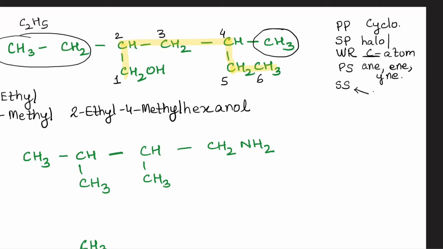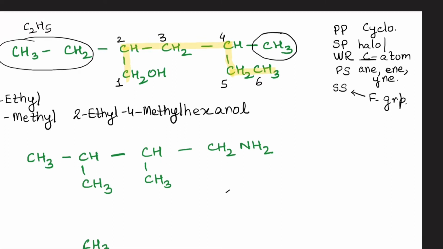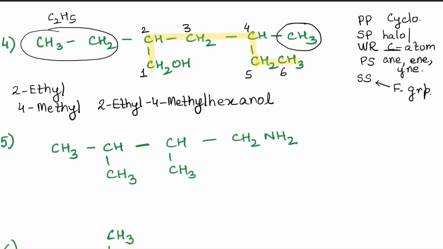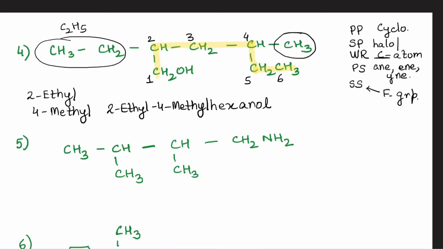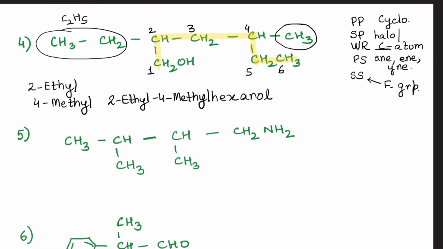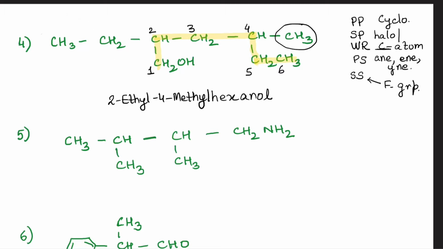And secondary suffix is the functional group. So whenever you are naming an organic compound, these 5 parts are there. If it's a straight chain compound, then obviously the word cyclo is done away with, right? We don't need to bother about it much. But the rest of the parts, please make sure that everything is in place. Let me remove this from here so that you have a clearer understanding of the name of the compound, right?